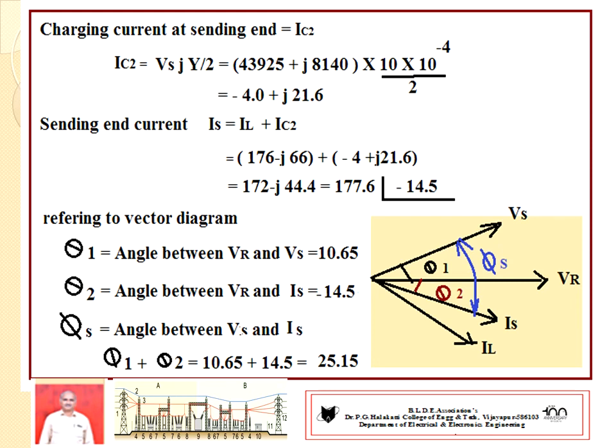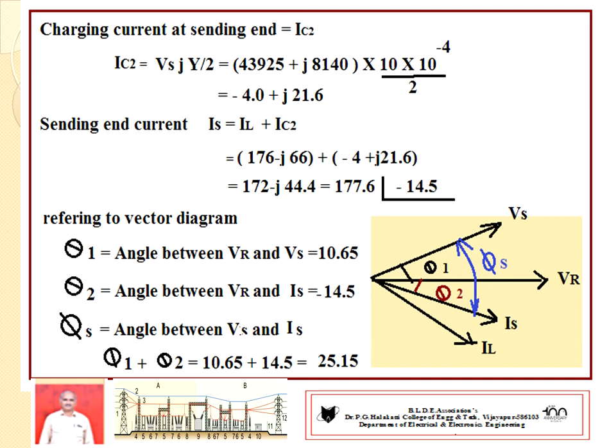So you observe very cleanly, theta 1 is the angle between Vr and Vs, which in the calculations we already found as 10.65 leading, and theta 2 is the angle between Vr and Is, that is minus 14.5. Here try to understand, we should not concentrate on whether it is a plus value or a minus value.